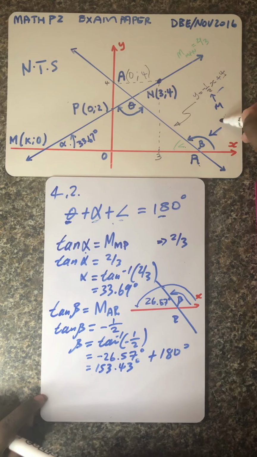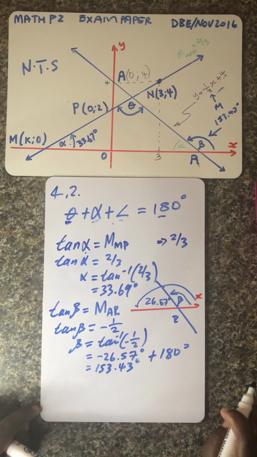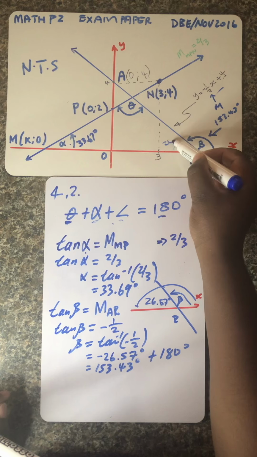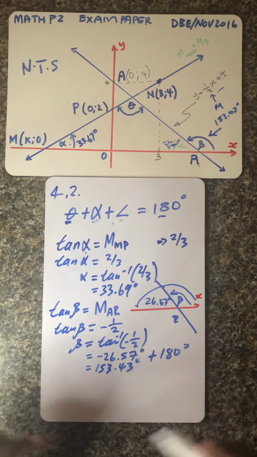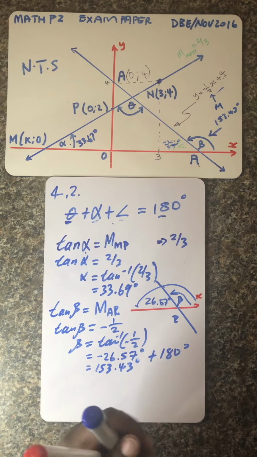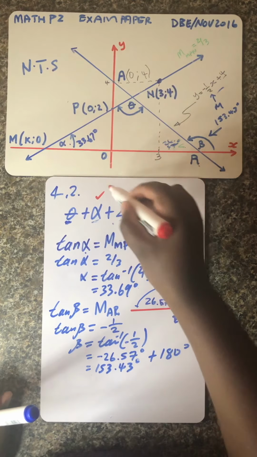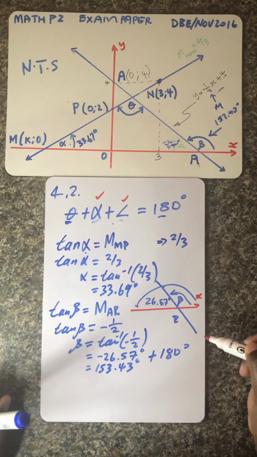So that means guys, that angle is the greater or the bigger angle, which is 153.43, and this angle is the one which is 26.57 degrees. Okay, so now can you see we have already calculated that angle, and now we just calculated that angle.